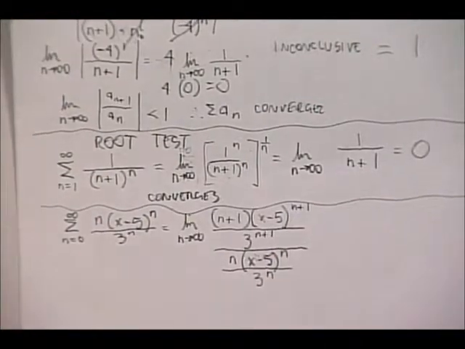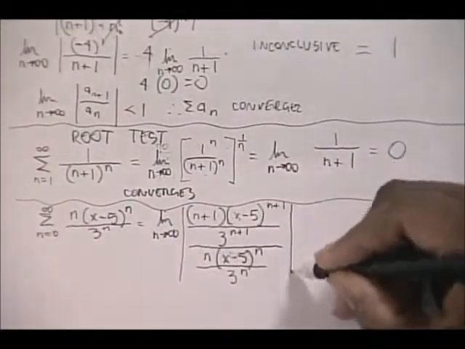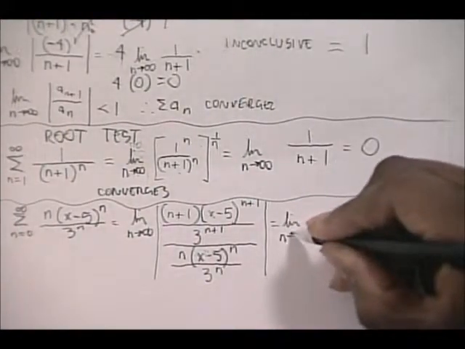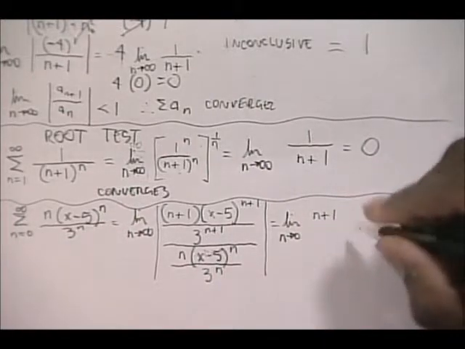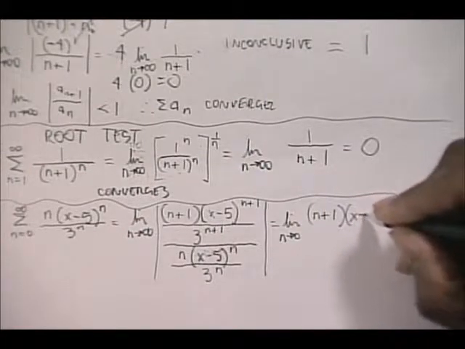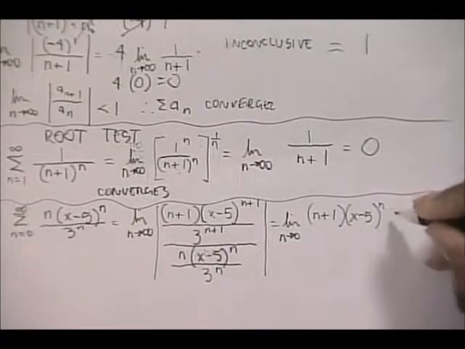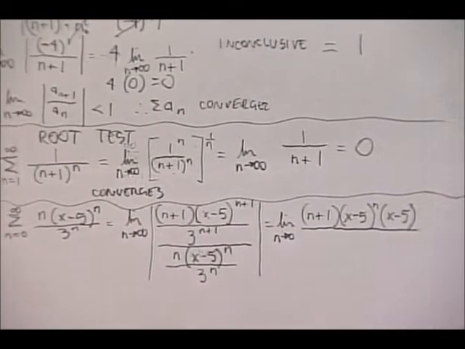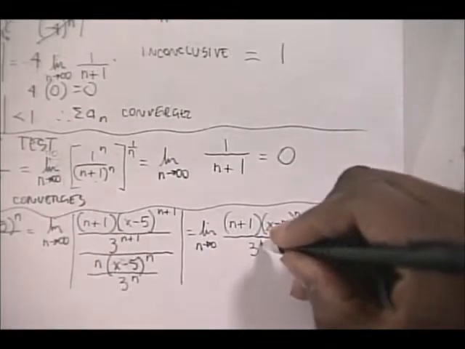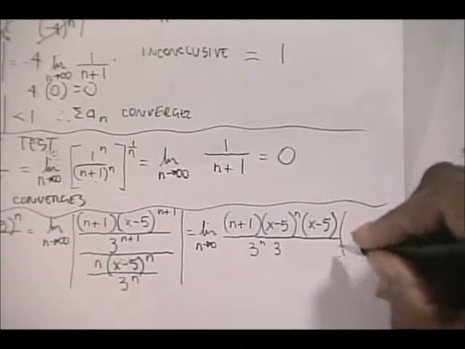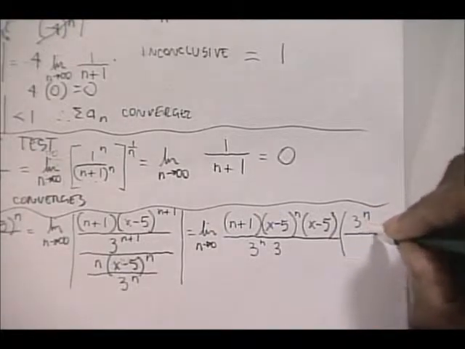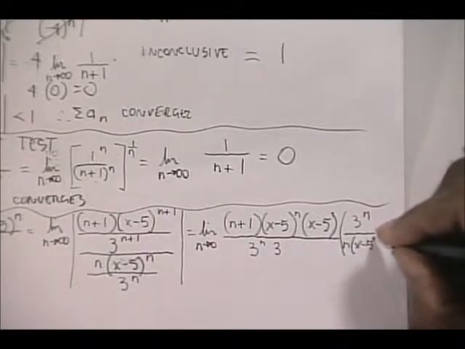We take that quotient, the absolute value, and then evaluate the limit. We end up with the limit as n goes to infinity of (n plus 1) times (x minus 5) to the n times (x minus 5), which is the same as (x minus 5) to the n plus 1, divided by 3 to the n times 3, multiplied by the reciprocal, 3 to the n over n times (x minus 5) to the n.